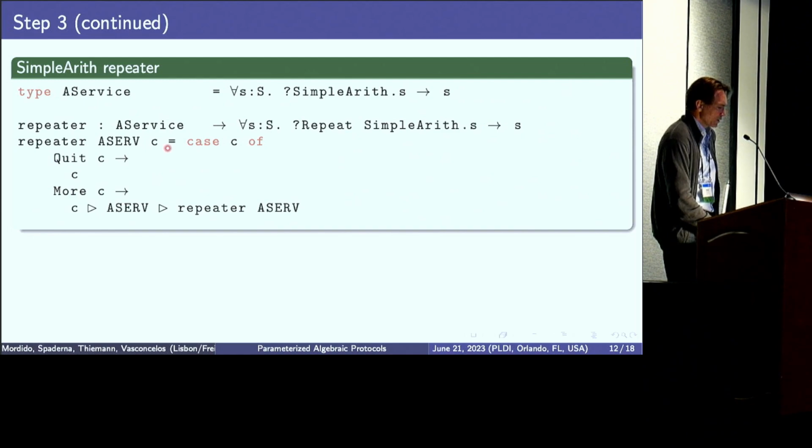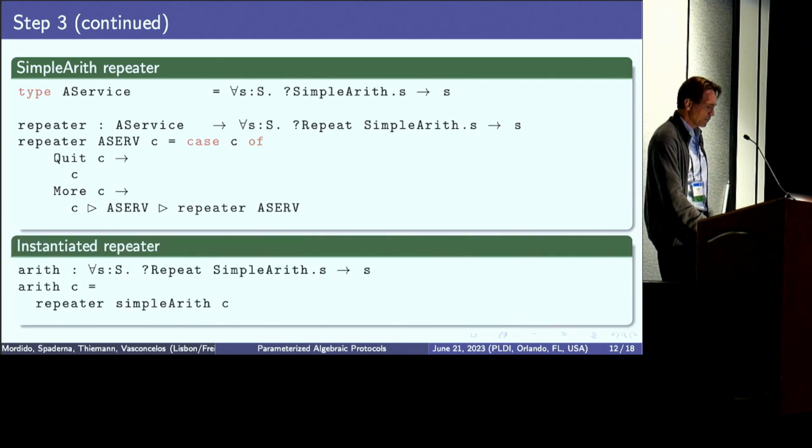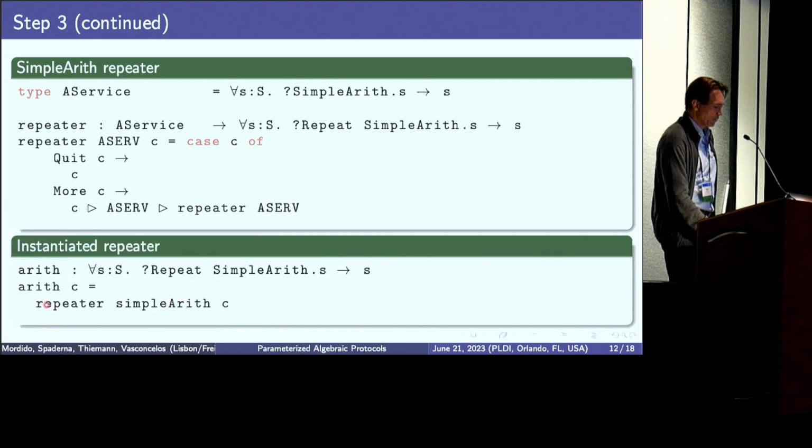Now, the code is not very interesting, so we're just exercising the repeat protocol. Either on this channel I'm receiving a quit, well, done, or we're receiving more, in which case I'm first invoking the simple arithmetic server, and then I continue. This typing here is nice, so I can just apply the repeater to the simple arith that I showed you before. I just showed it to you for that purpose, and there you go.